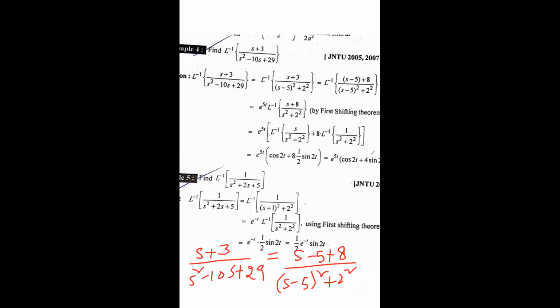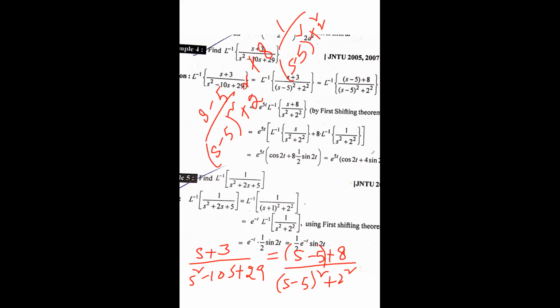To separate, the first term is s minus 5 by s minus 5 whole square plus 2 square, and plus 8 is a constant, 1 by s minus 5 whole square plus 2 square. So now it is possible to apply the first shifting theorem.